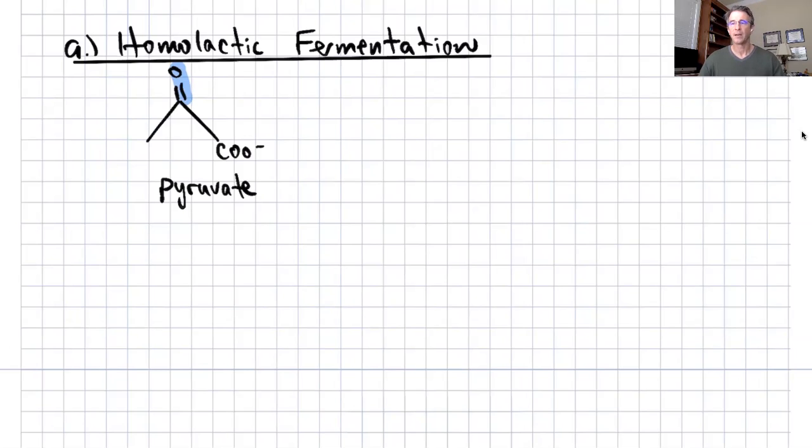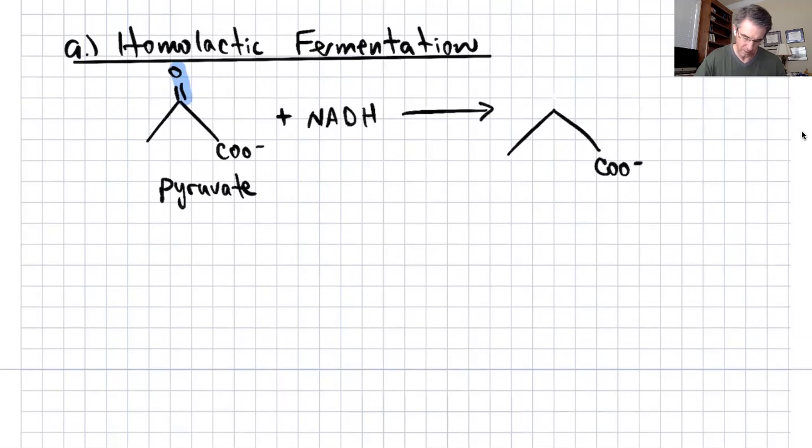So that's more or less what homolactic fermentation does. It takes pyruvate, takes that ketone group, takes the electrons that were generated by the GAPDH reaction and simply stuffs them back into that molecule to create this carboxylic acid containing alcohol called lactic acid, which then regenerates the NAD plus pool.